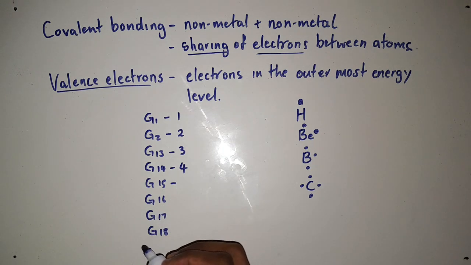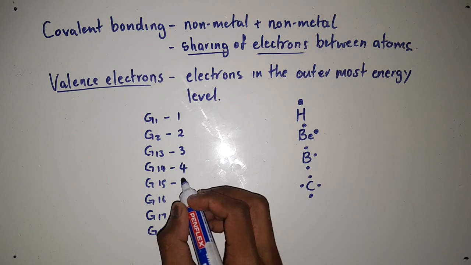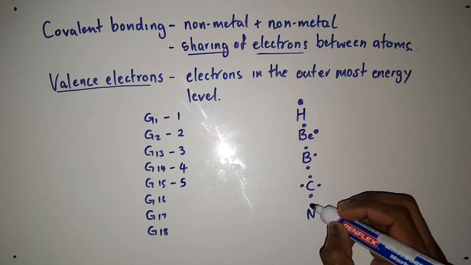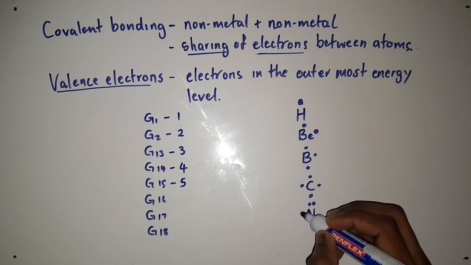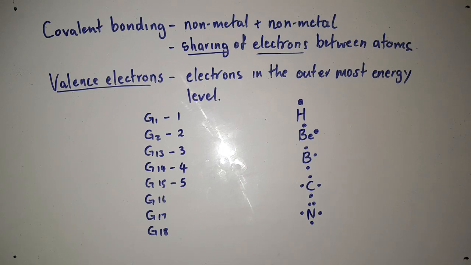Then in group 15, we have nitrogen, with 5 electrons in the outermost energy level.